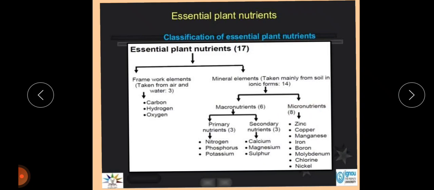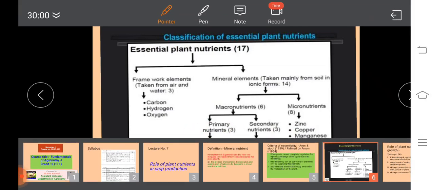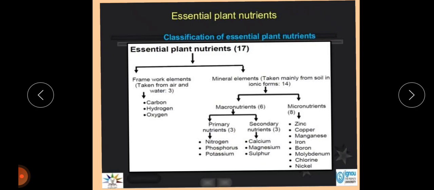Macronutrients are further divided into primary nutrients and secondary nutrients. The primary nutrients are three: nitrogen, phosphorus and potassium.